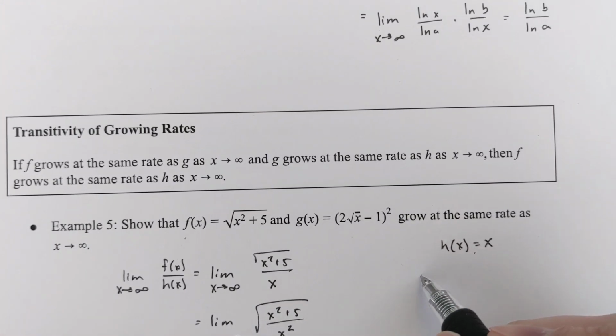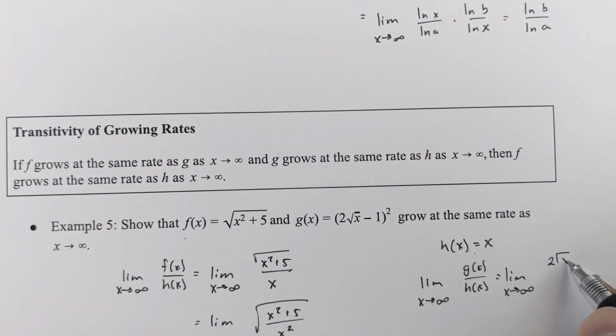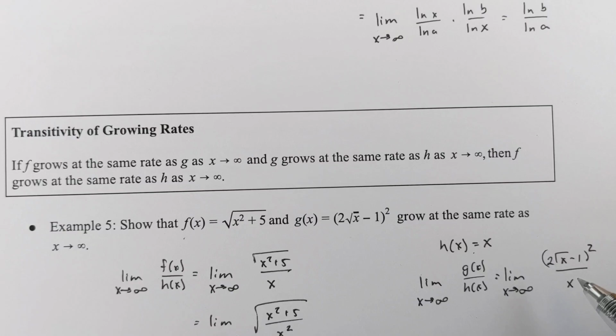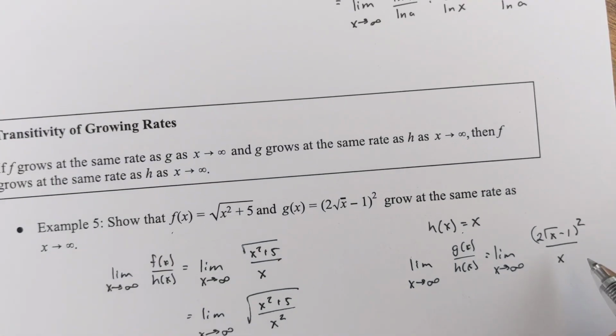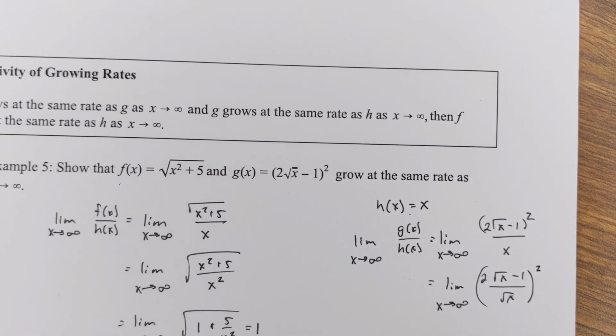Let's see here. We'll do the other one. So the limit as x approaches infinity of g of x over h of x. So that's the limit of 2 root x minus 1 quantity squared all over x. So if I want to put this guy inside the quantity, 2 root x minus 1 over root x, squared.